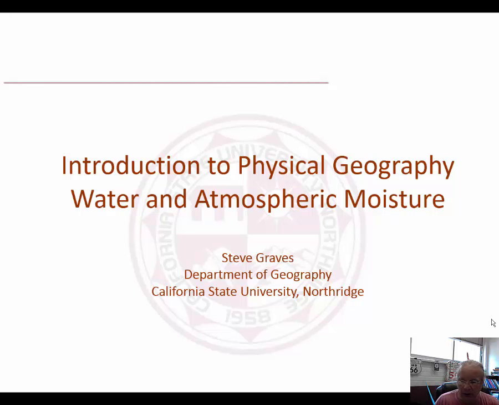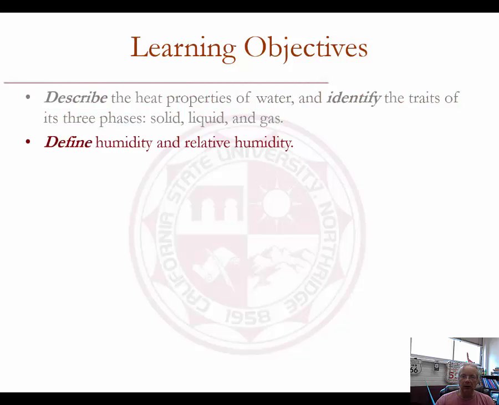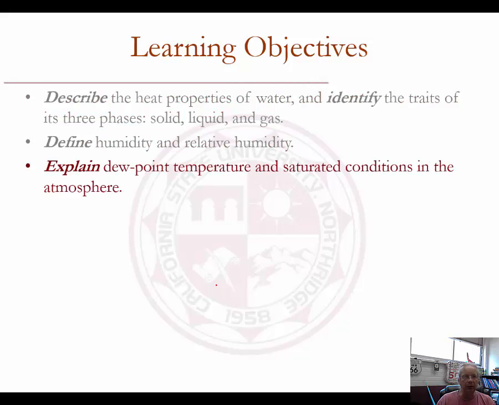Okay, so welcome back. This is Chapter 7 on water and atmospheric moisture, Introduction to Physical Geography here at Cal State Northridge. As usual, I present the learning objectives for the chapter here early on, and you can take a look at these. We're going to, in this first segment, take a look at the properties of water, talk about humidity.